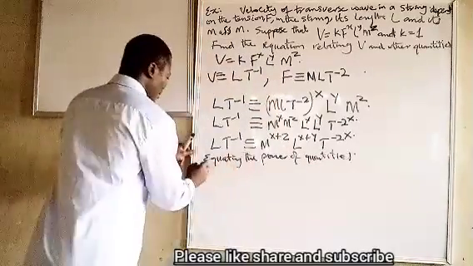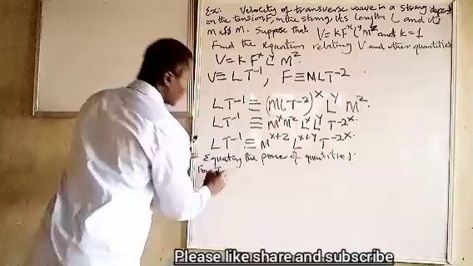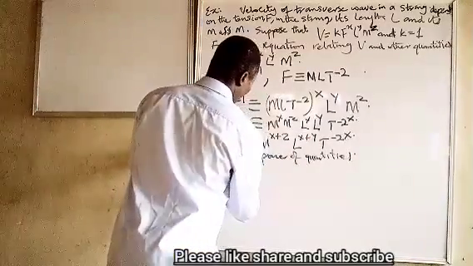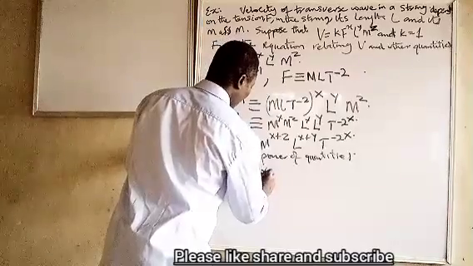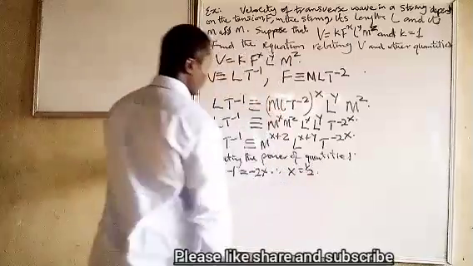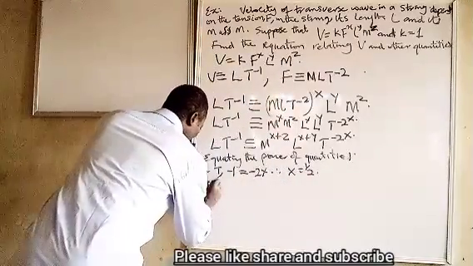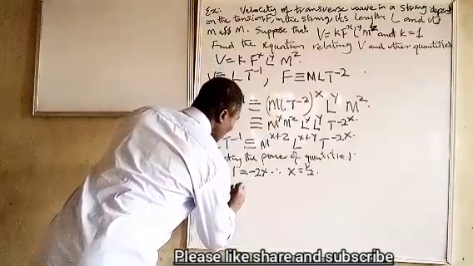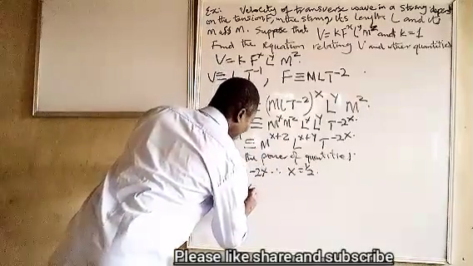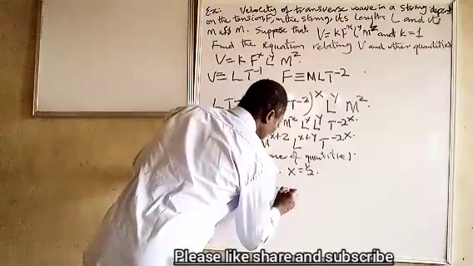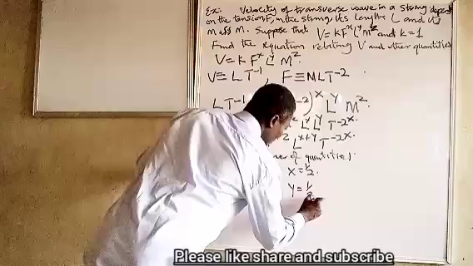Let's start with T. For T, minus 1 is equal to minus 2x. Therefore, x equals half. For L, 1 equals x plus y, and we can now see that y equals half.